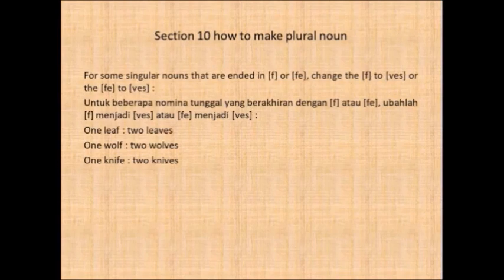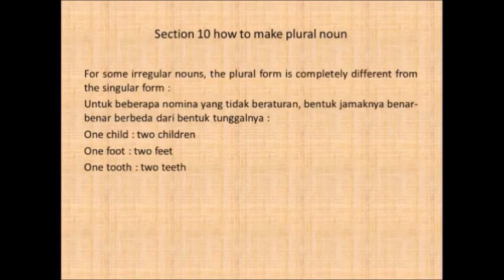For some singular nouns that end in f or fe, change the f to v plus es, or the fe to ves. 1 leaf, 2 leaves. 1 wolf, 2 wolves. 1 knife, 2 knives.